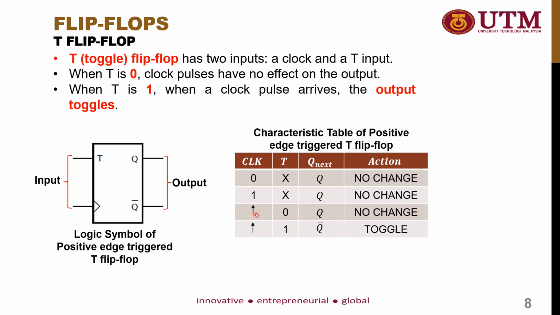But at the rising edge of the clock for positive edge triggered, when T is equal to 0, the output will not change. But if at the rising edge the input T is equal to 1, the output will toggle. For example, if the previous output is 1, the next output will be 0. Or if the previous output is 0, the next output will be 1. So it will toggle the output.